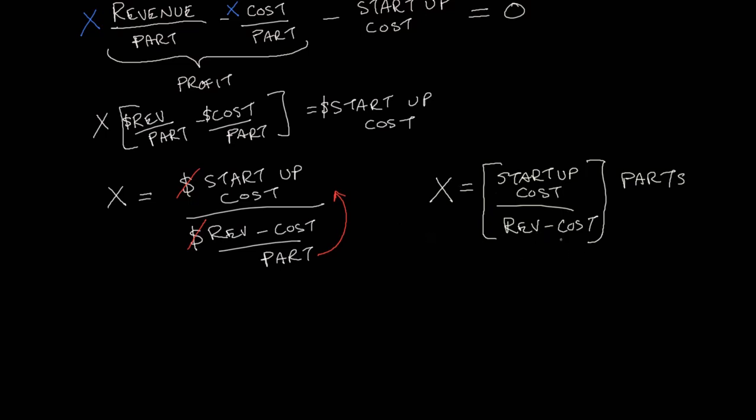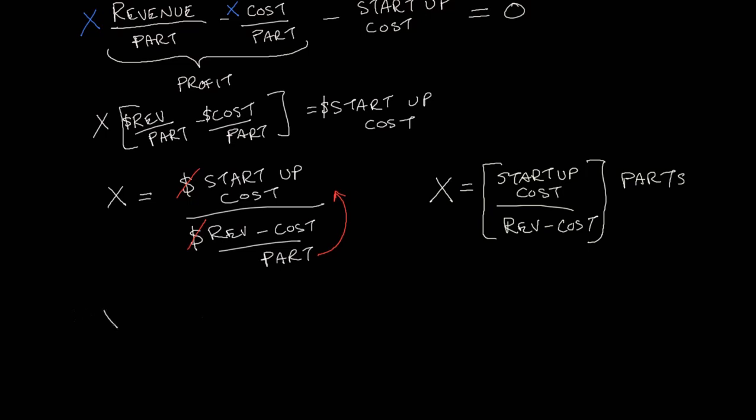So why didn't I just call this profit? I want to do that because it's important. We need to break this out. We need to figure out what this is. So let's just bring it back to the beginning here.